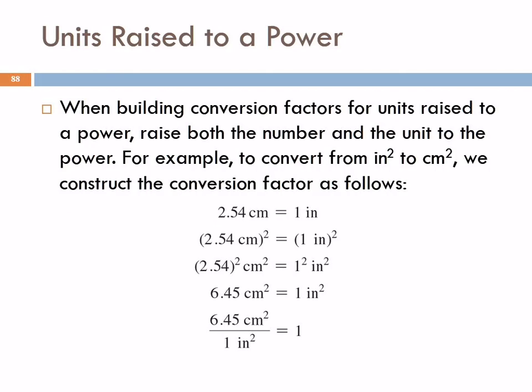Sometimes we have units raised to a power that we have to convert. What you're going to do when this happens is you're going to use the same conversion factor as for the unit without the power, but you have to raise the number to the power as well. So 2.54 centimeters is equal to 1 inch.